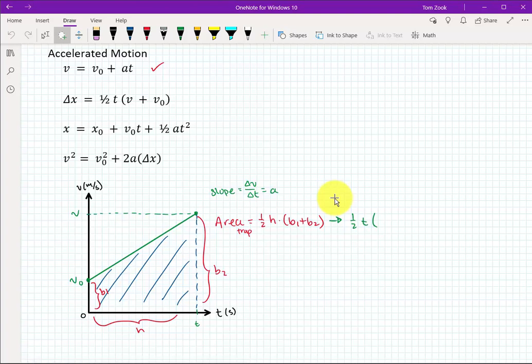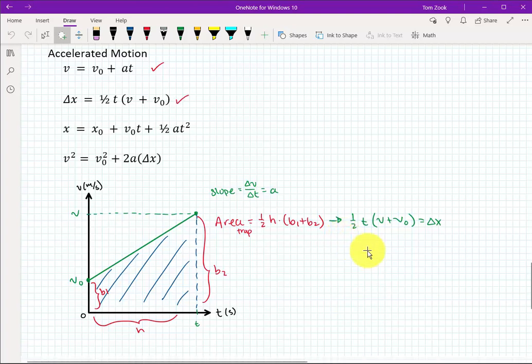It doesn't matter what order you add them. So I can put v plus v0, and because that is the area, it should represent the displacement. So the displacement from time 0 to time t, wherever time t is, will be given from this formula. Let's put a little check next to that.